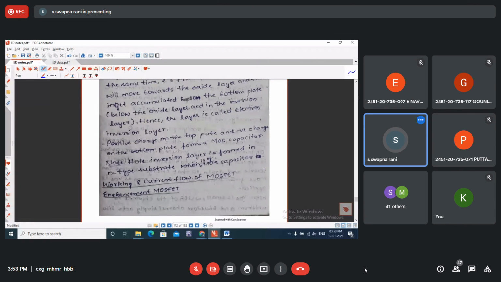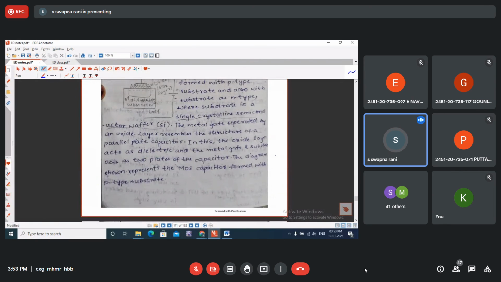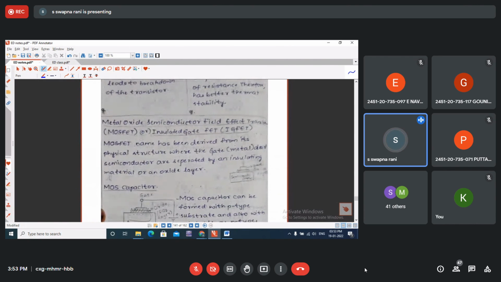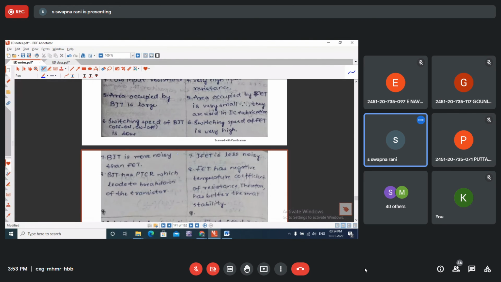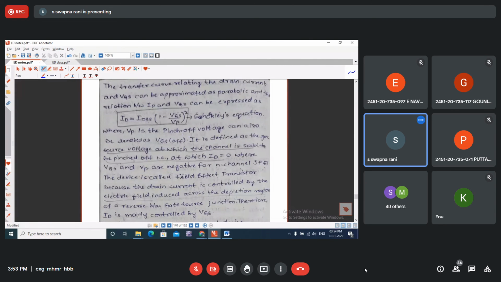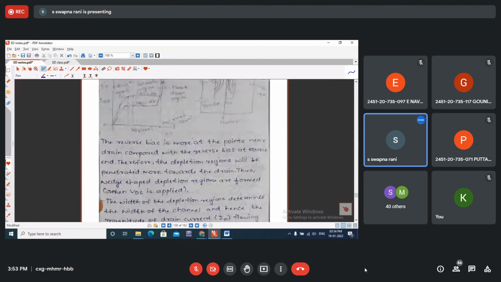I will remove those extra topics which used to be there previously, like the mass capacitor or mass current equation, which are not there for you right now. So excluding them, I will upload the notes.